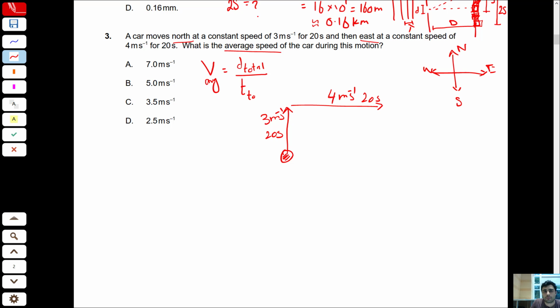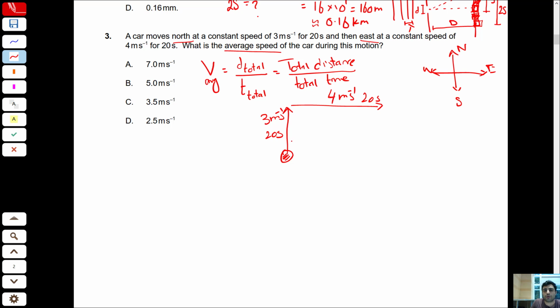Time is also total. So let me write in full form to make it more clear. Average speed equals total distance over total time.